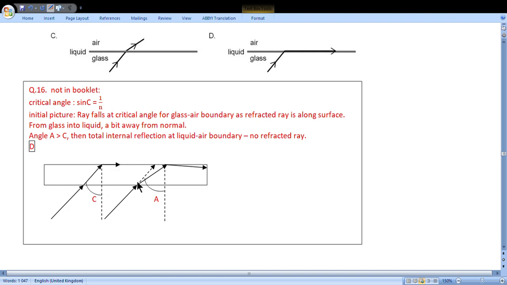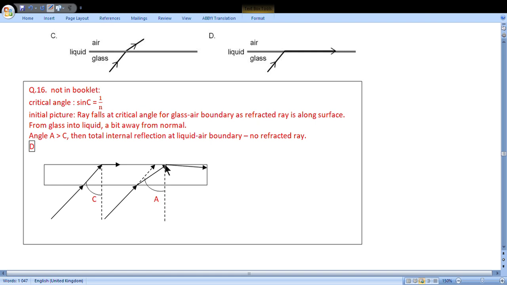After we put liquid, in the liquid the ray is refracted away from the normal. As a result, the angle of incidence is greater than here. But this is angle A. This angle A is more than the critical angle for glass-air, and also the critical angle for liquid-air, because liquid-air has less refractive index.